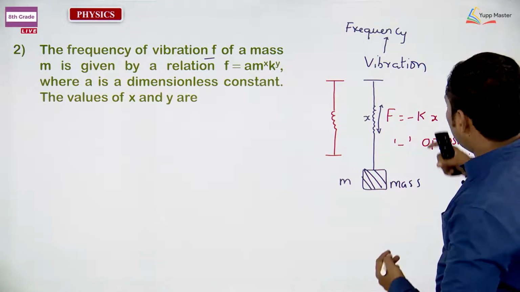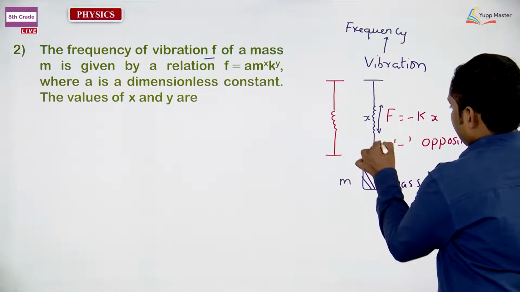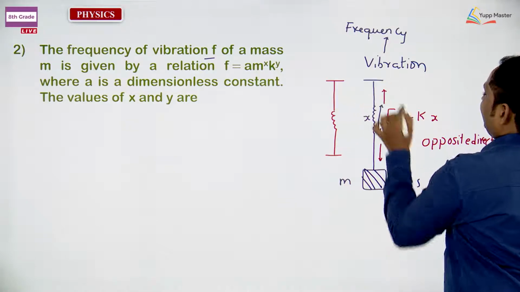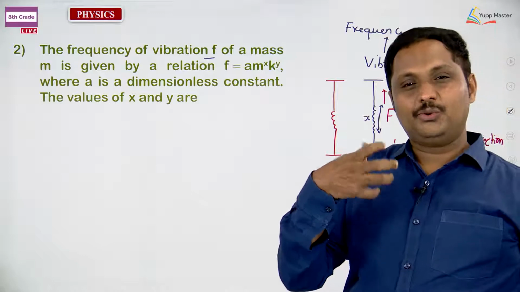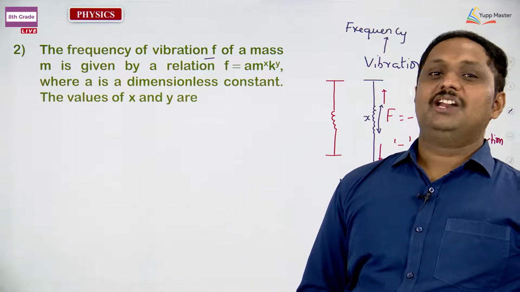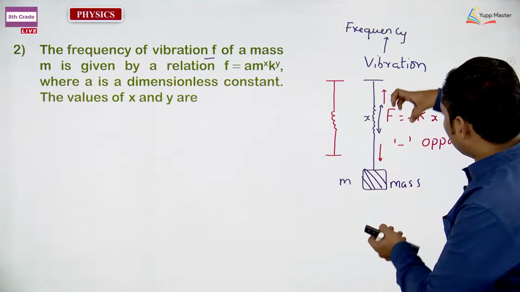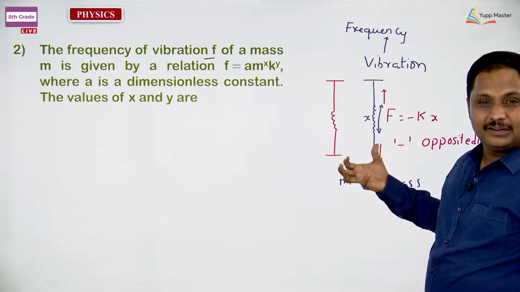Now you are going to attach the mass, and the force is in this direction, but the spring shows a restoring force to regain its original position. The spring opposes the change.